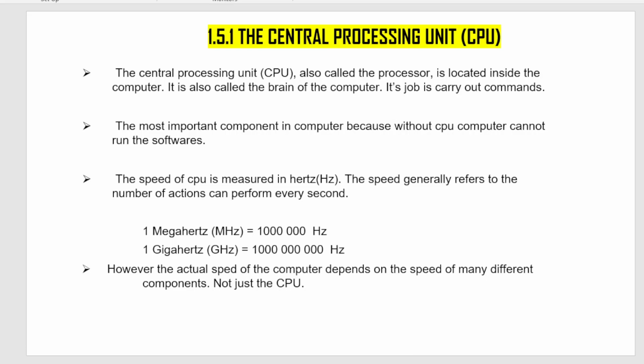The CPU is the brain of the computer. It is the most important component, because without the CPU, the computer can't run software. The speed of the CPU is measured in hertz. The speed generally refers to the number of actions it can perform every second. In modern computers, we use megahertz and gigahertz to measure the speed of the CPU.